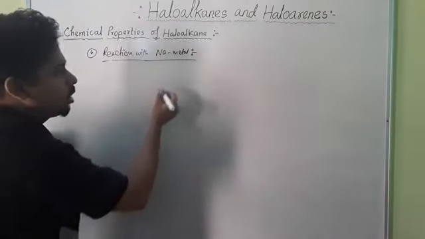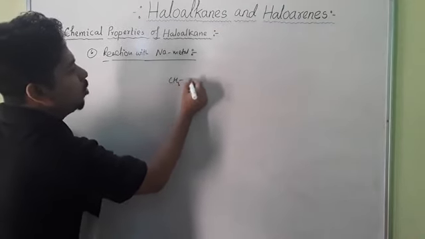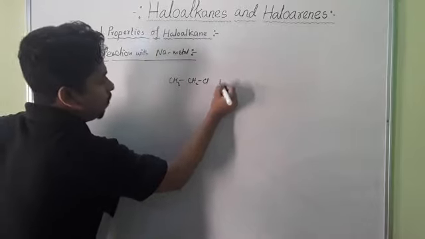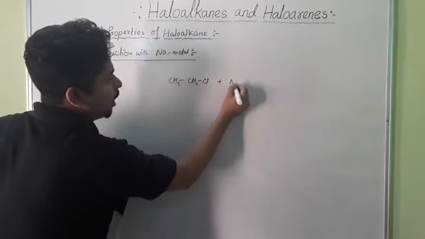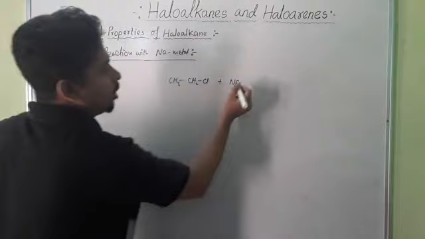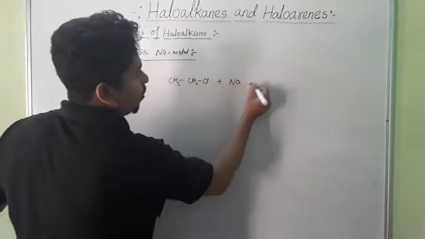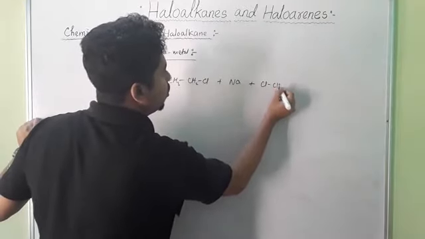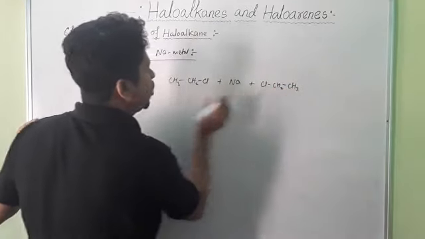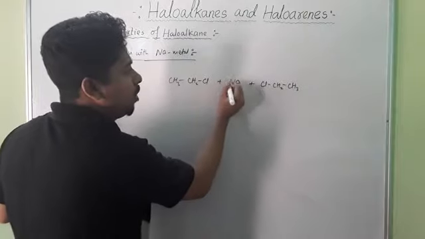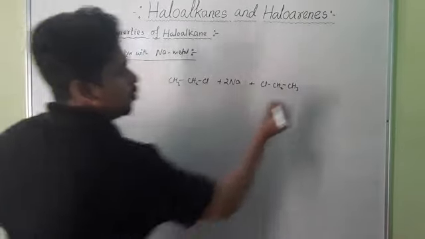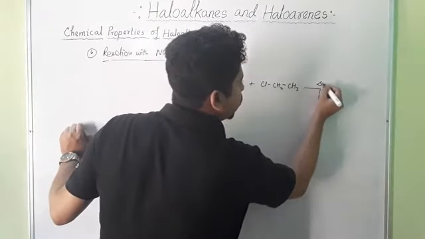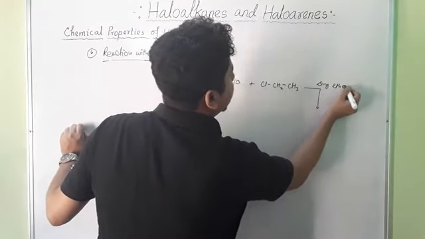Suppose we are considering one reaction: CH3 bond CH2 bond Cl plus sodium metal, Na, plus we are taking 2 molecules, Cl CH2 CH3. This ethyl chloride, 2 molecules with sodium metal, in presence of dry ether solvent, will give a higher alkane.